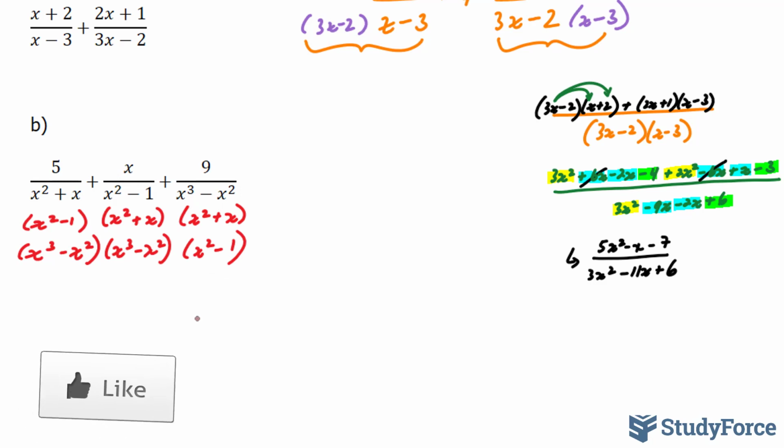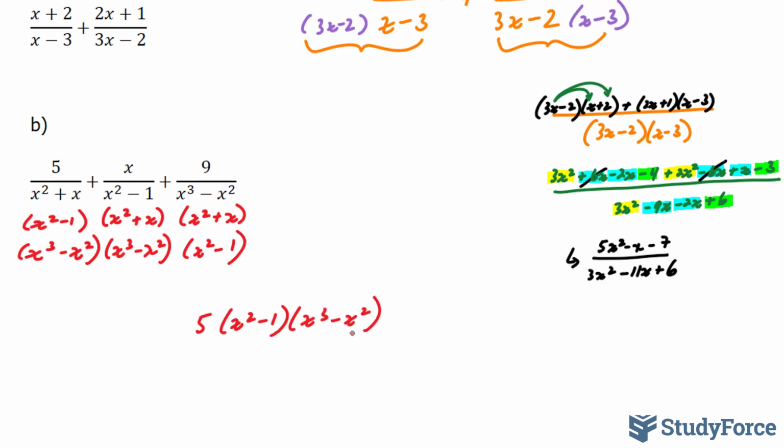And if you do that, you end up with 5 times (x squared minus 1)(x to the power of 3 minus x to the power of 2).